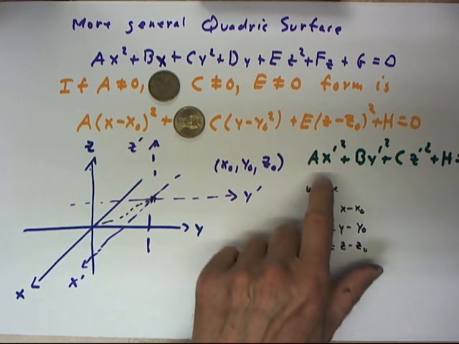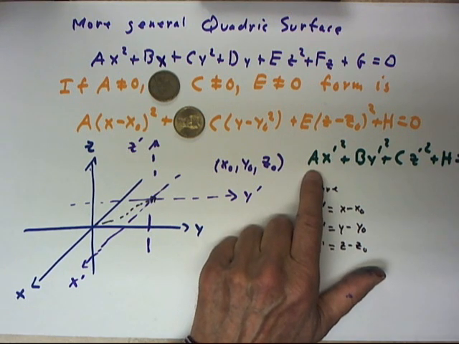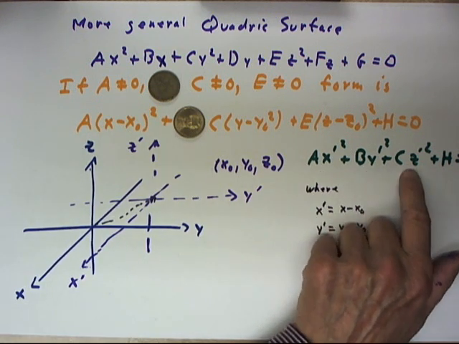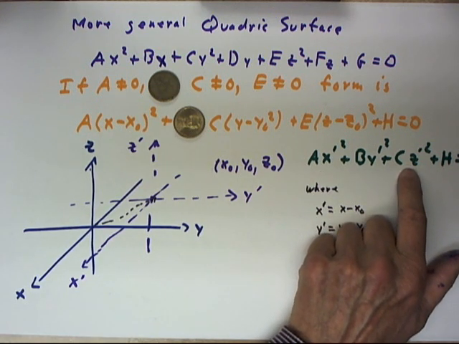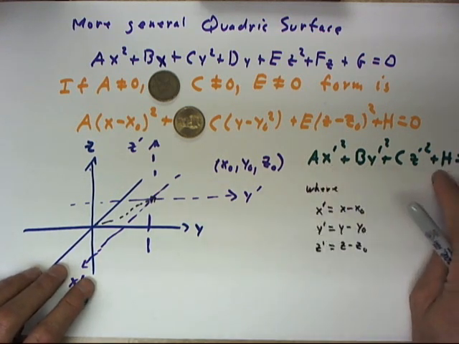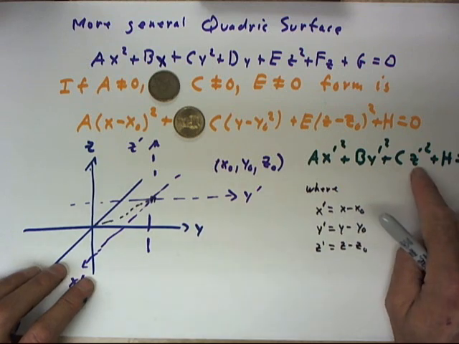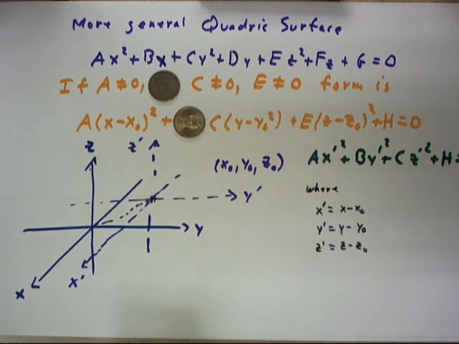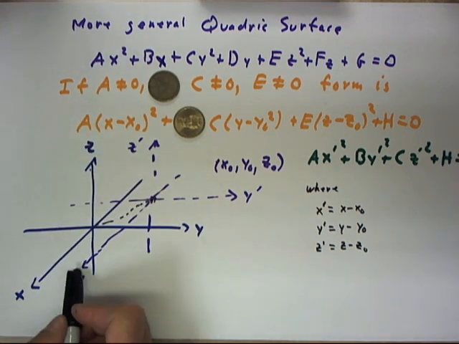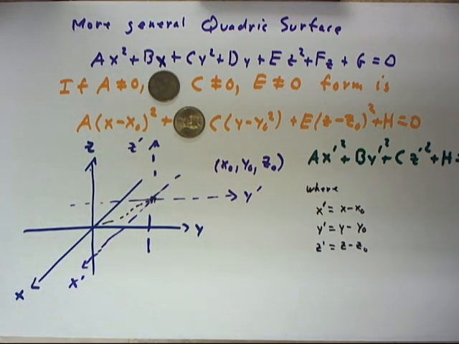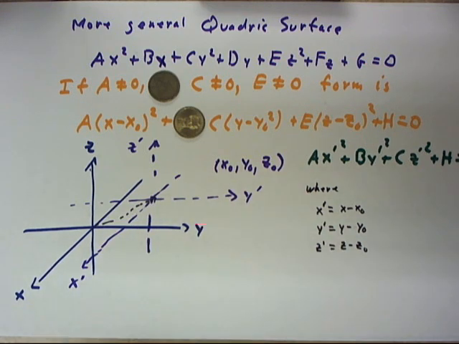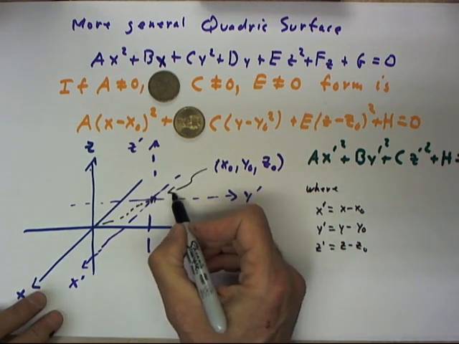And with that change of variables, of that transformation, the equation becomes a x prime squared plus c y prime squared plus e z prime squared plus h equals 0, which is just a quadratic surface in x prime, y prime, and z prime. Now, geometrically, that simply corresponds to taking the x, y, z coordinate system and taking the origin and translating it over to the point x naught, y naught, z naught.